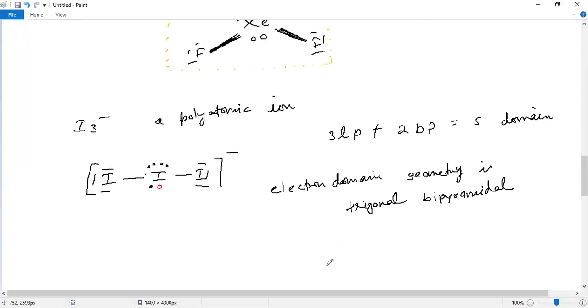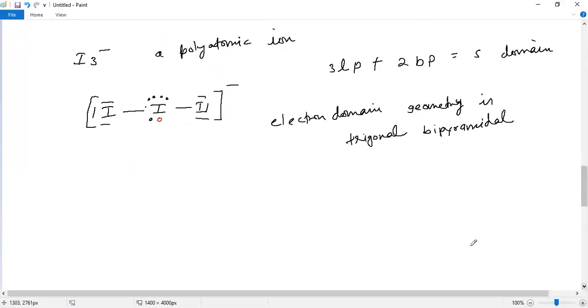But for a regular trigonal bipyramidal shape, I need 5 bonding pairs, and here we have only 2 bonding pairs.